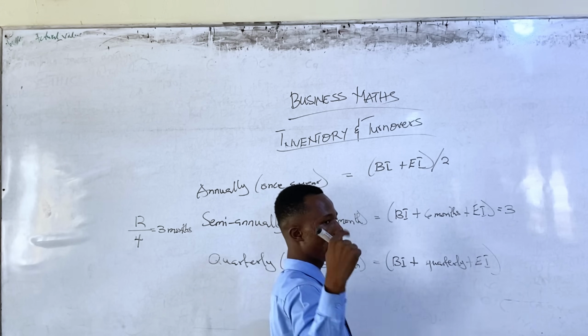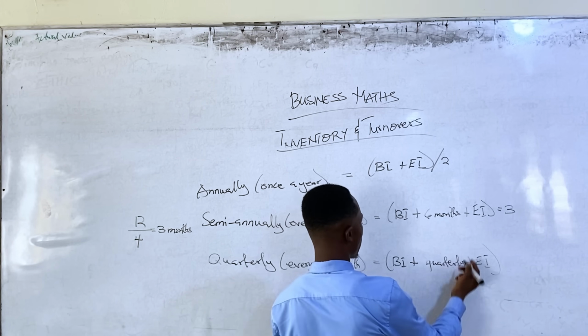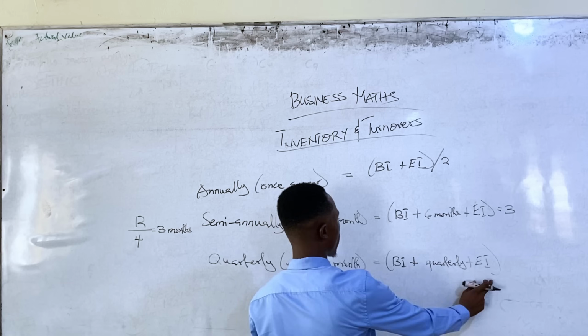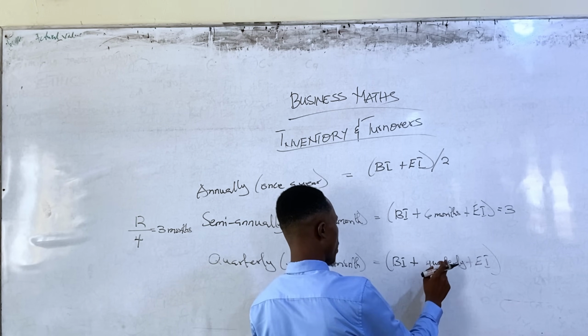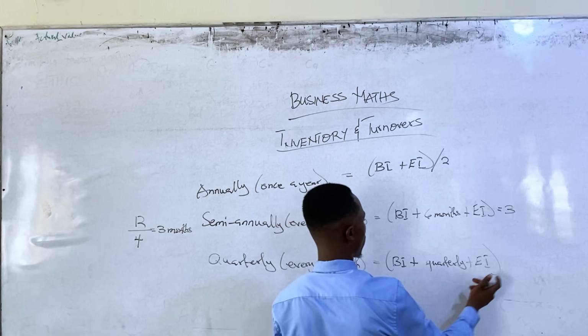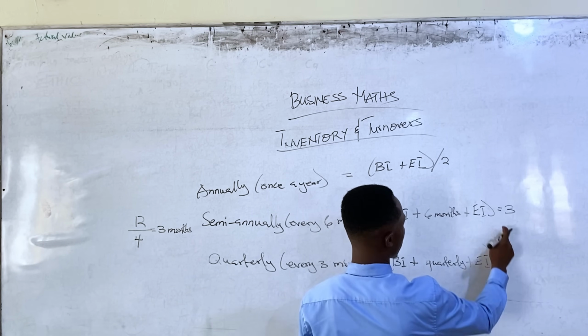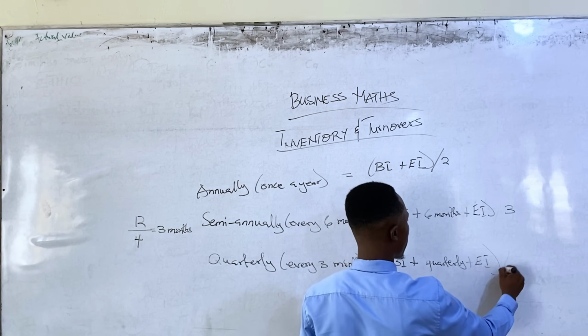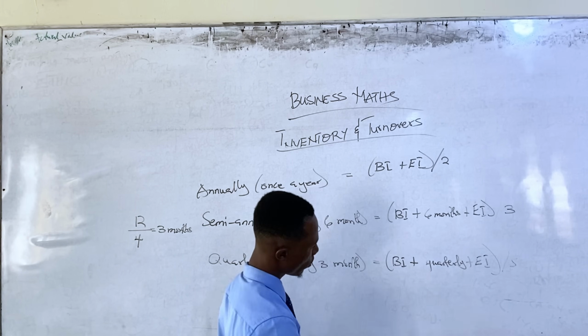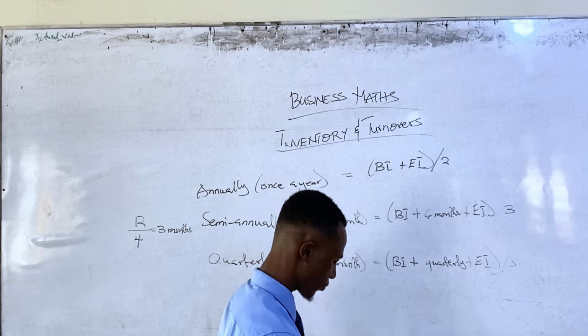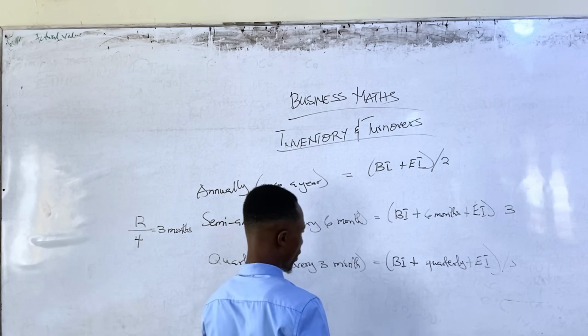Although they are 1 within the year, when we are counting them, we just split them as separate items: beginning and ending. So since you have 4 here, and 1, you divide everything by 5. Yeah, it's supposed to be 5.